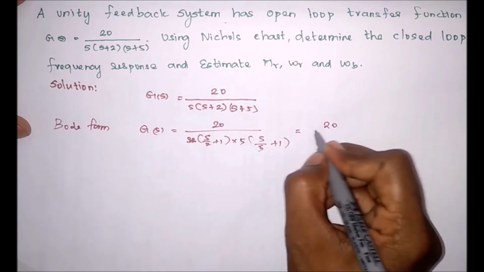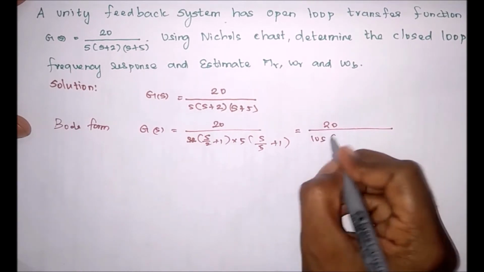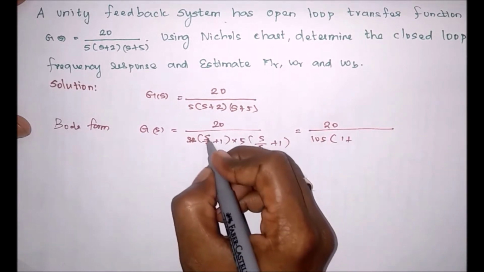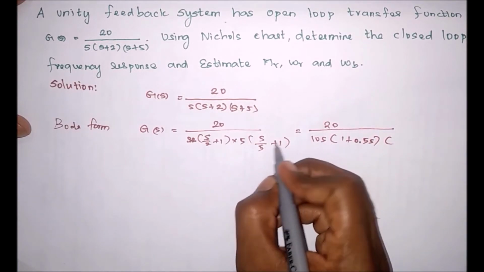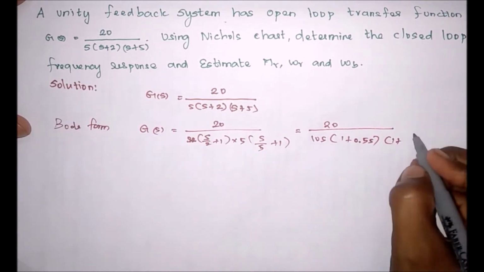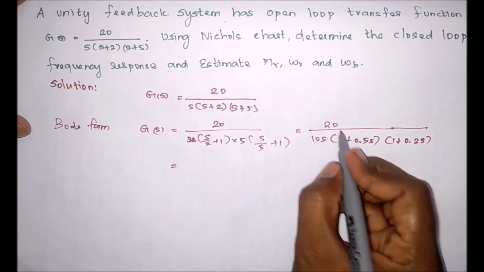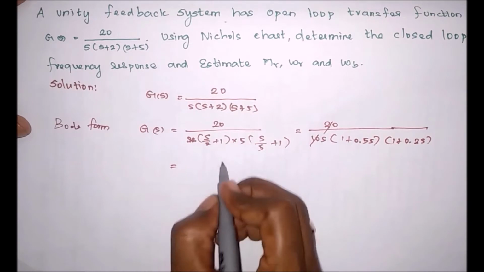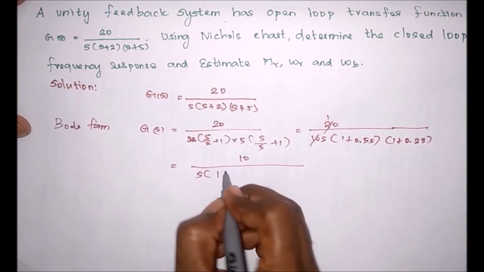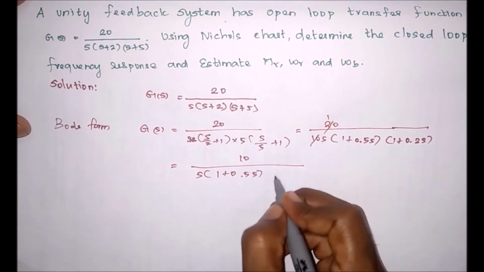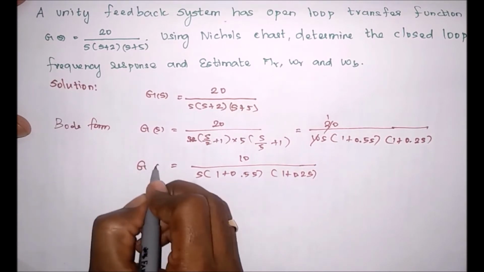Now 20 divided by s, 2 into 5 is 10, so 10 s into (1 + 0.5 s) into (1 + 0.2 s). Then 20 divided by 10 gives 2, so we get 10 divided by s into (1 + 0.5 s) into (1 + 0.2 s). This is the Bode form.